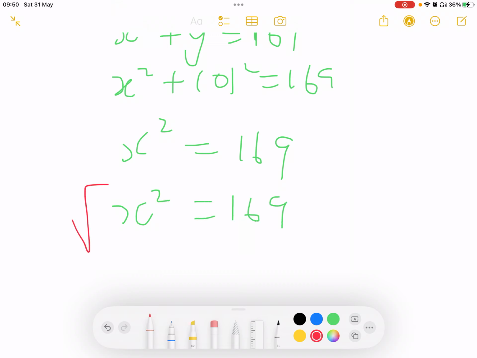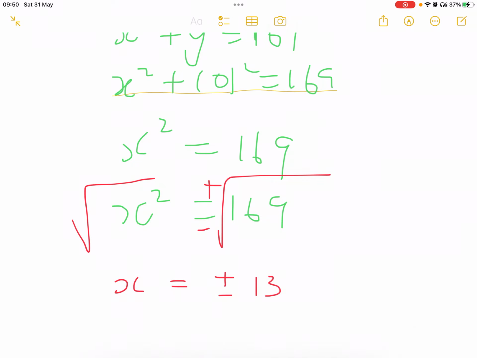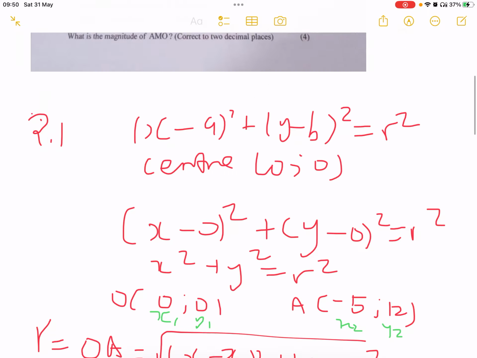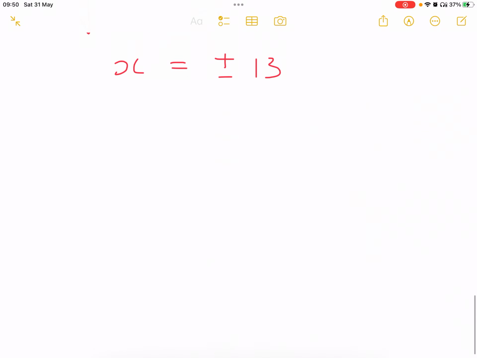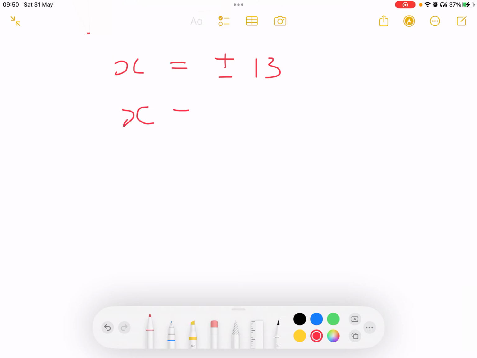Then apply the square root on both sides, and don't forget plus or minus. So x is equal to plus or minus 13. D is on the positive side of the Cartesian plane, therefore x will be equal to positive 13, and D is (13, 0).